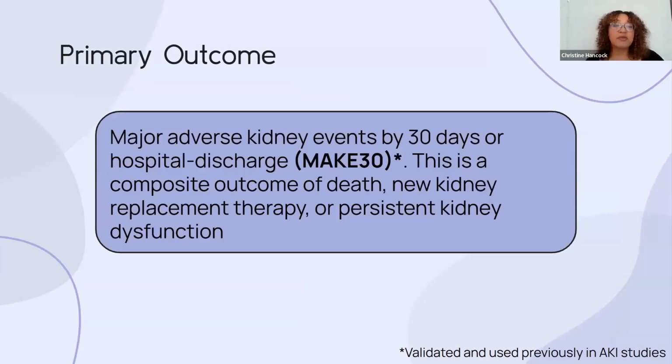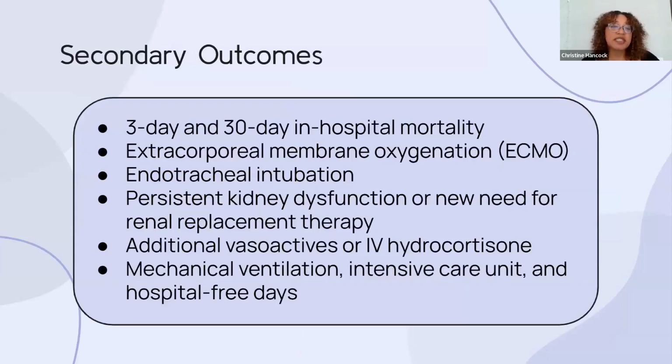And so their primary outcome was a composite, and this was the MAKE 30, or the major adverse kidney events by 30 days or hospital discharge. And this included a composite outcome of death, new kidney replacement therapy, or persistent kidney dysfunction. And this is a validated outcome. In terms of secondary outcomes, they looked at both 30-day and 3-day hospital mortality.